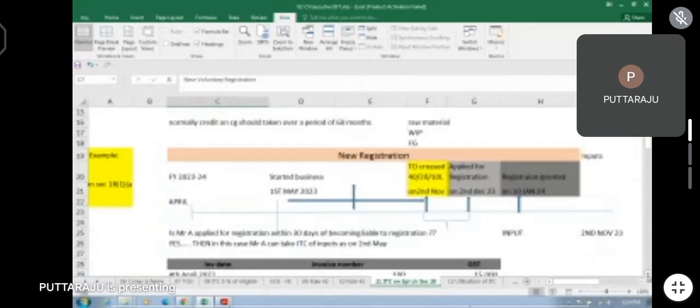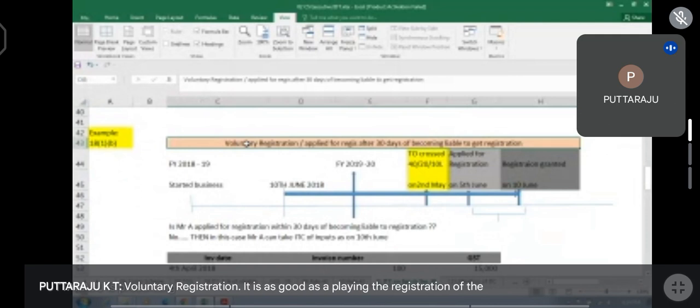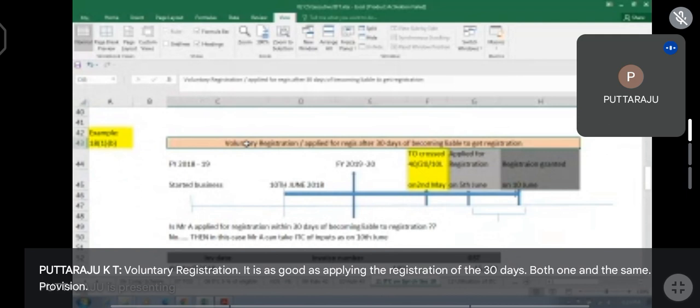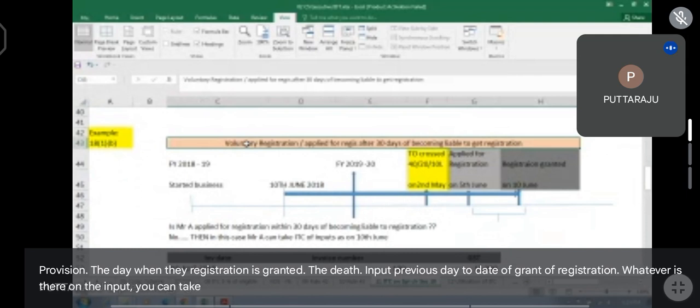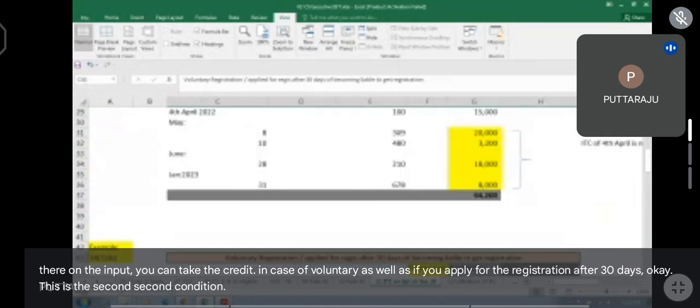As good as applying for the registration after 30 days. Both are one and the same provision. The previous day to the date of grant of registration, whatever is there on that input, you can take the credit. In case of voluntary, as well as if you apply for the registration after 30 days. Okay, this is the second situation.